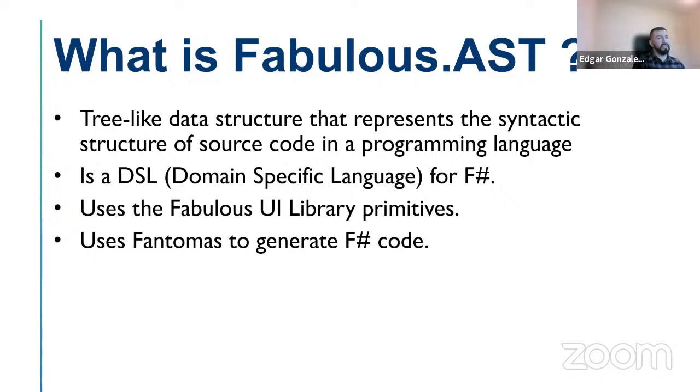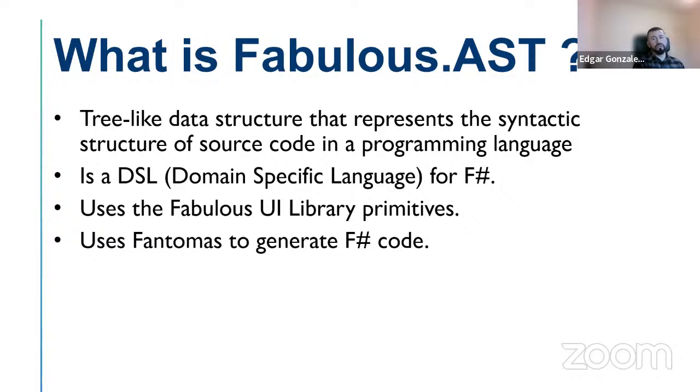AST stands for abstract syntax tree, and is a data structure or abstract representation of the source code that you are writing, that most programming languages use to basically represent the tokens and all of that.